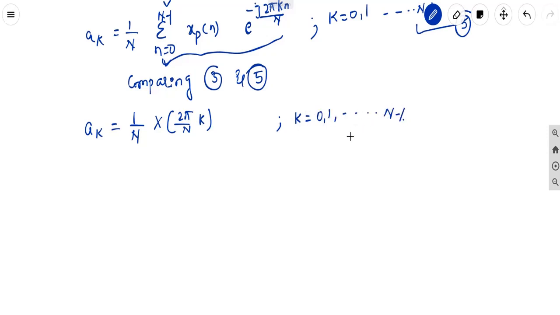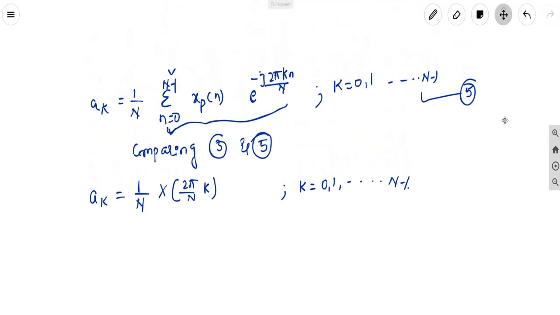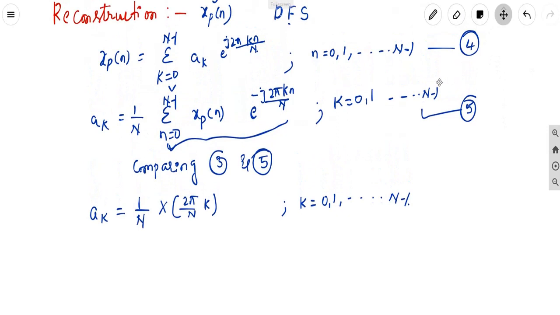Now what we will do, we are going to substitute this a of k in equation 4. If I substitute a of k in equation 4, then I'm going to get xp of n as summation n is equal to 0 to N minus 1.